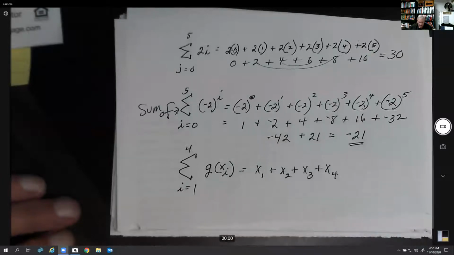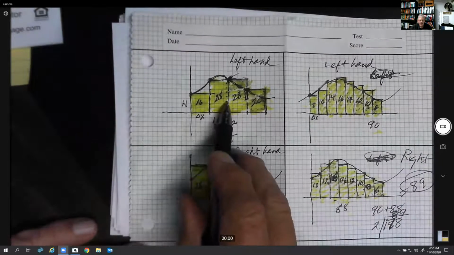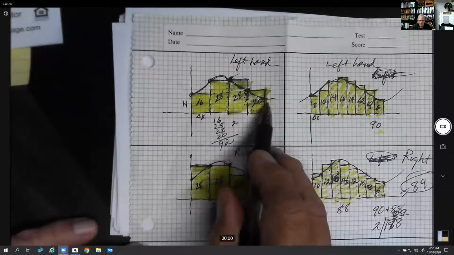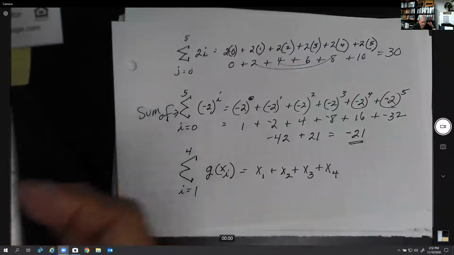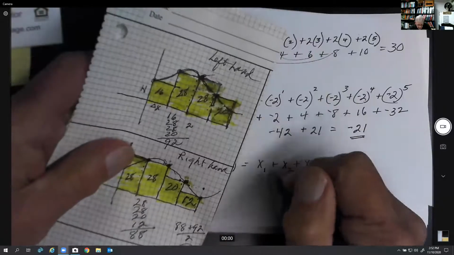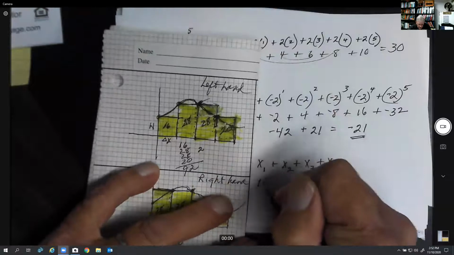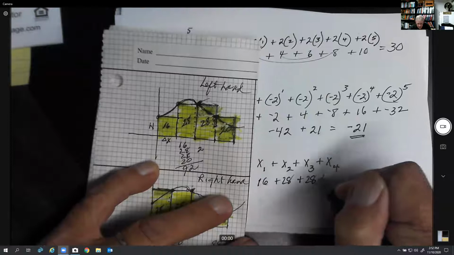And that's kind of what we were doing here. We had x sub 1, x sub 2, x sub 3, x sub 4, but each one was a little different. So we can't really have a universal pattern. x sub 1 was just simply, if we use this top problem, 16 plus 28 plus 28 plus 20.